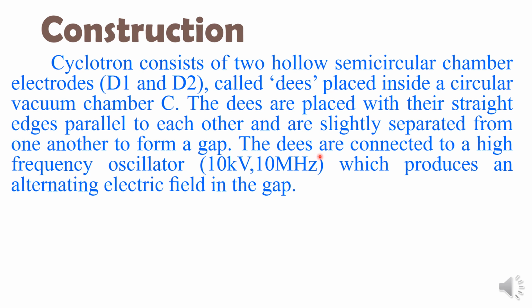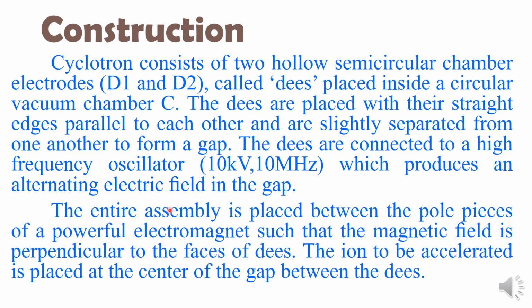Then the Ds are connected to a high frequency oscillator, and we are going to use an AC source, and the electric field is generated by using the high frequency oscillator. This entire assembly is placed between the pole pieces of a powerful electromagnet such that the magnetic field is perpendicular to the faces of the Ds.